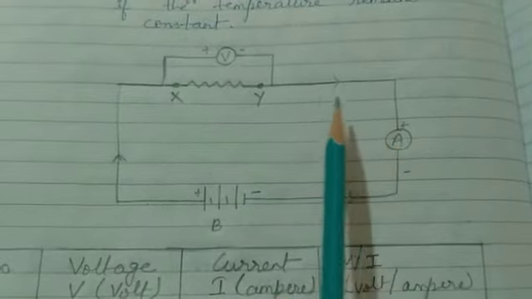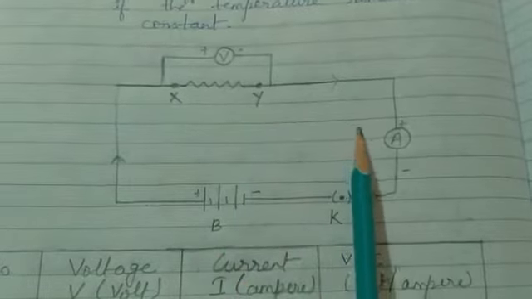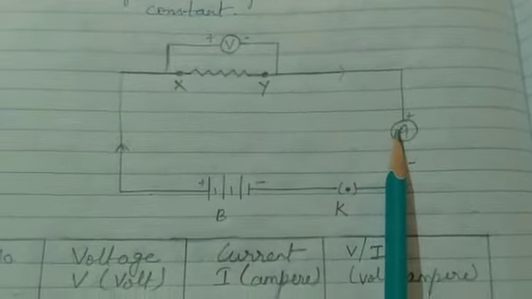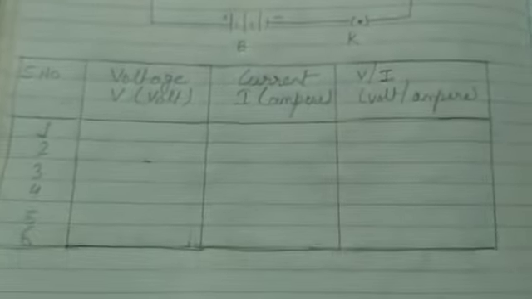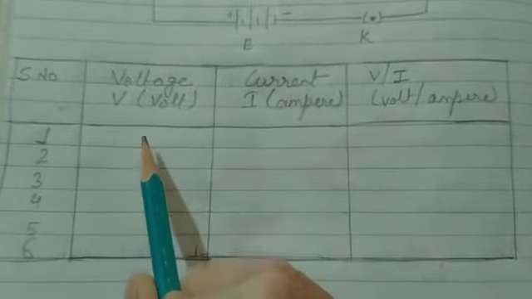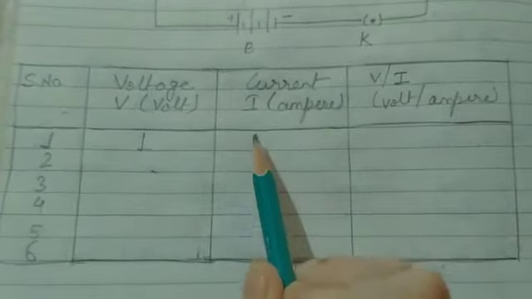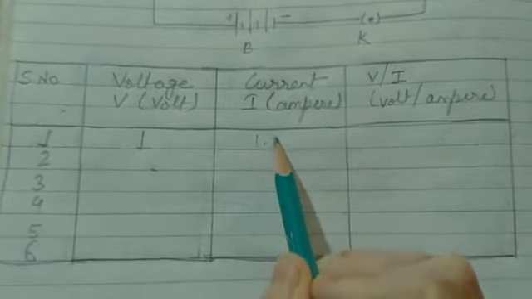Then again we change the value of V, and again we note the value of current, and all these values we will note in this table. Suppose for 1 volt the current is 1.5.